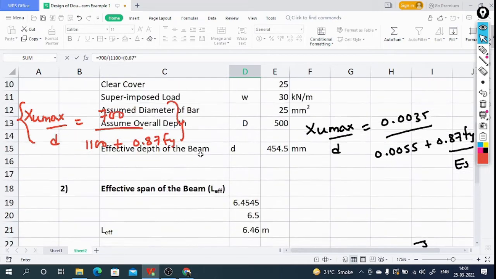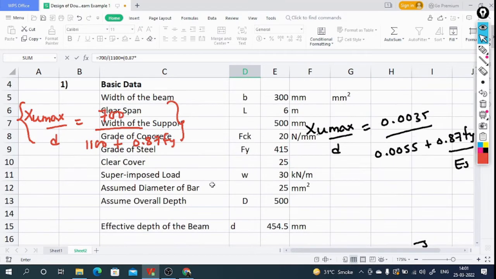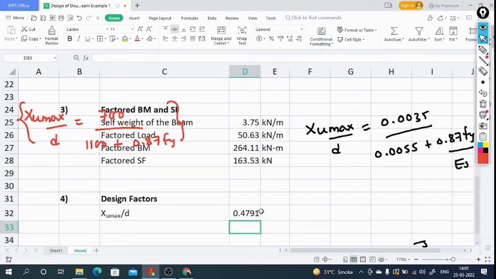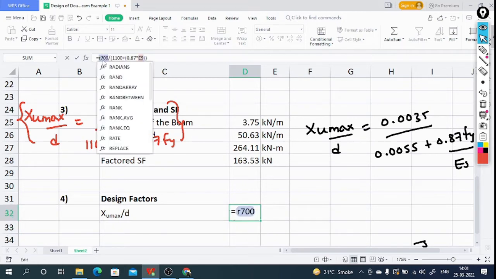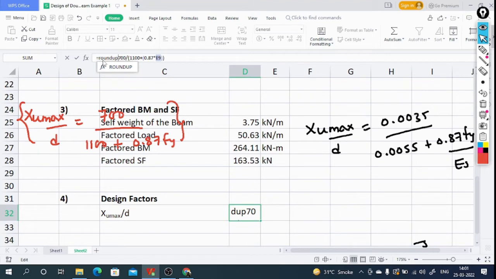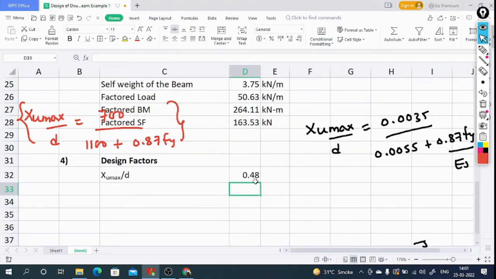So where is Fy? You see it is in the given data. So we got the value of xu max by d, but we want it in 2 digits, and we can use the roundup function here. We got 0.48.